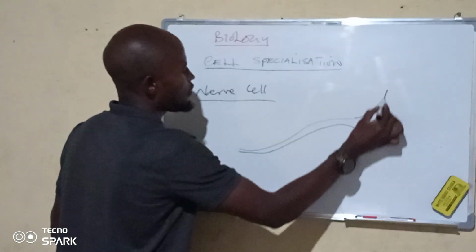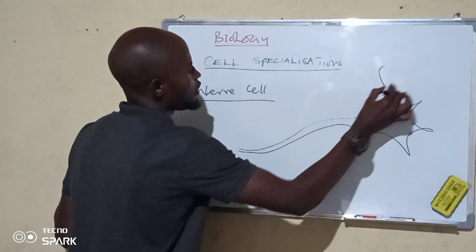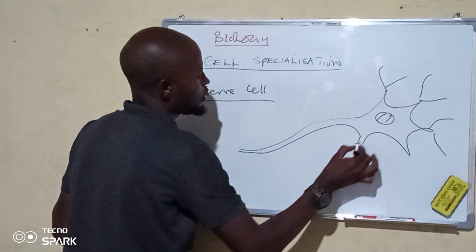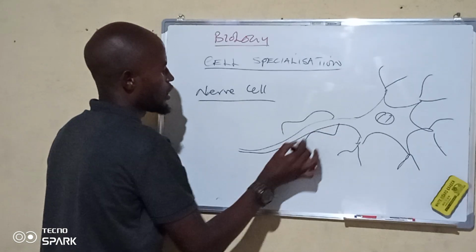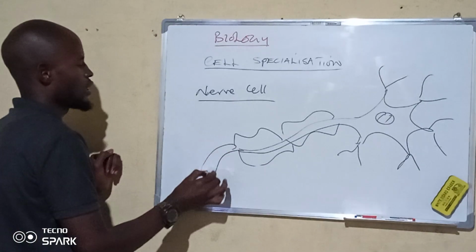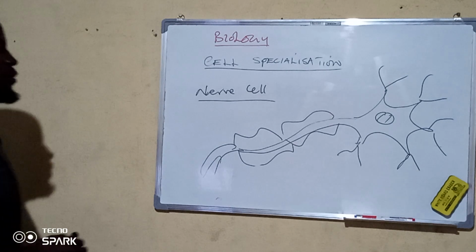Some of you have come across this kind of diagram. It has got these things, then it has got this part. As you can see, this is a nerve cell.